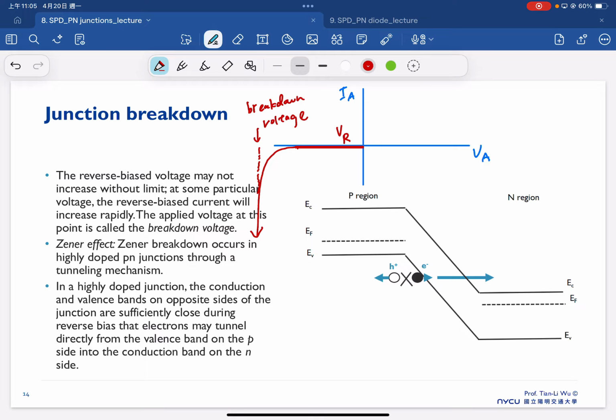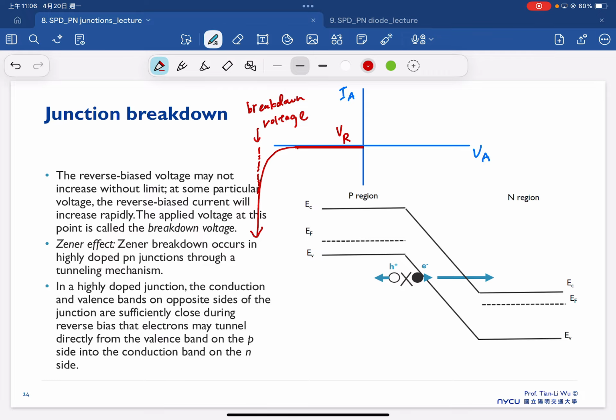So this is a concept that we often see in reality, because it's not possible to sweep the reverse bias larger and larger with the current always staying close to 0. There must be some limitation, and therefore we need to understand why, especially the mechanism related to this breakdown.